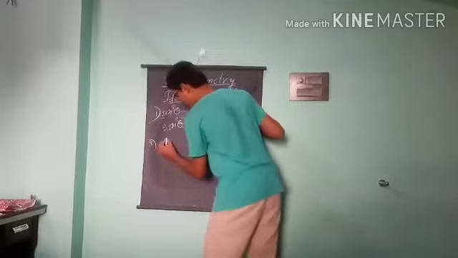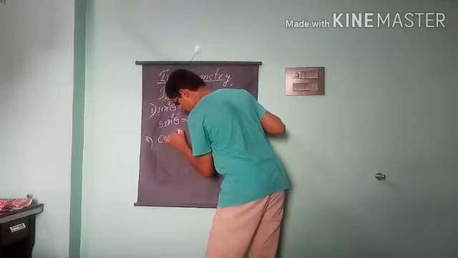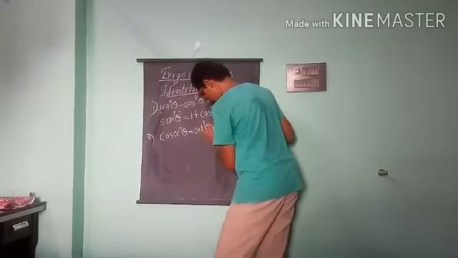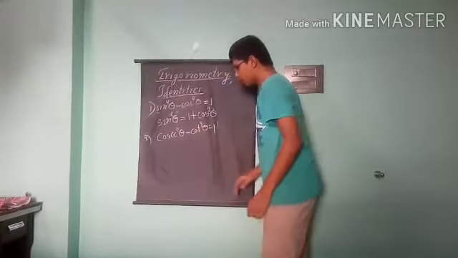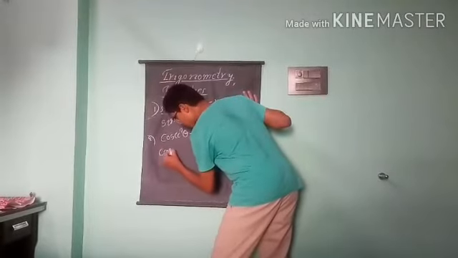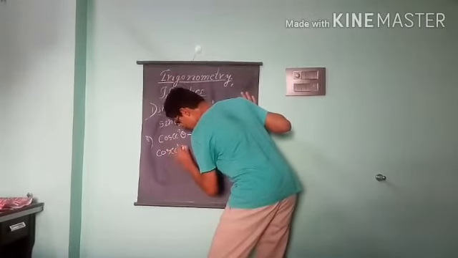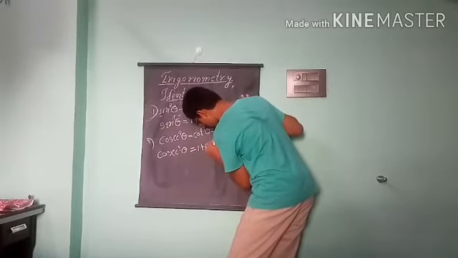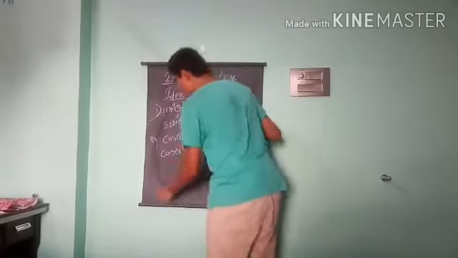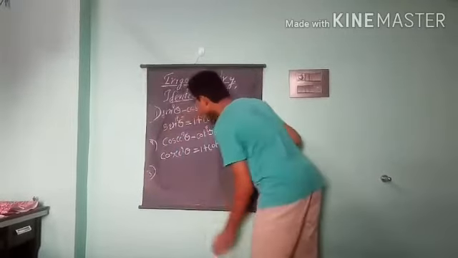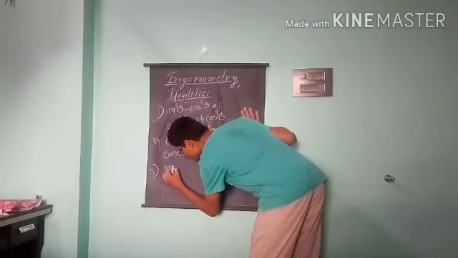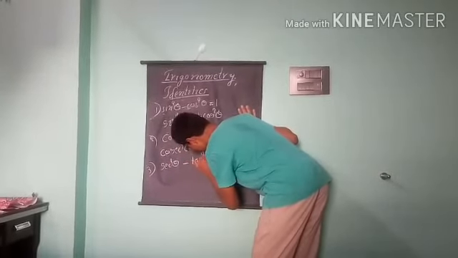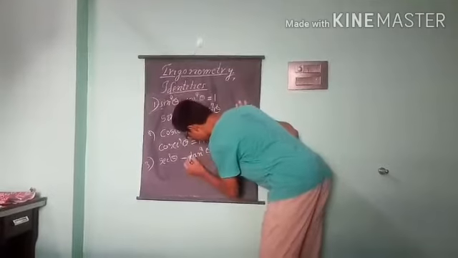And second one, cosecant square theta minus cot square theta equals 1. Then we write cosecant square theta equals 1 plus cot square theta. And third one, secant square theta minus tan square theta equals 1.